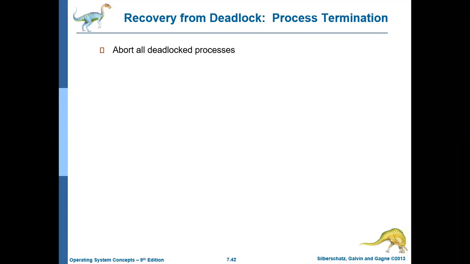The second method is to abort one process at a time until the deadlock cycle is eliminated. If you see the first method, the cost is very high.